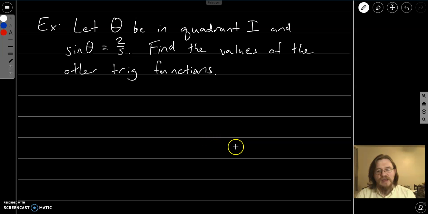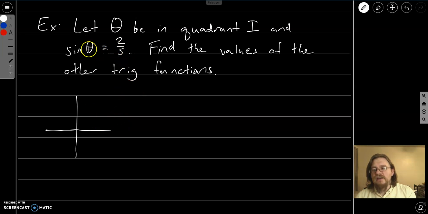Just draw a picture, and it makes it a lot easier. So we are told that our angle is in quadrant 1. So we're up here in quadrant 1, the upper right hand corner. And sine of theta, whatever theta is, I don't know if it looks like this, I don't know if it's like that, I don't know if it's like this, is going to be 2/5.